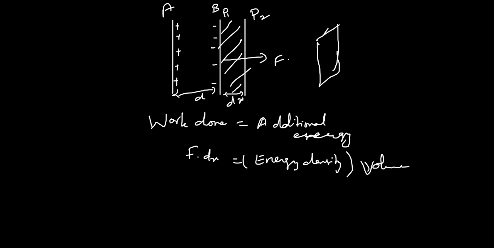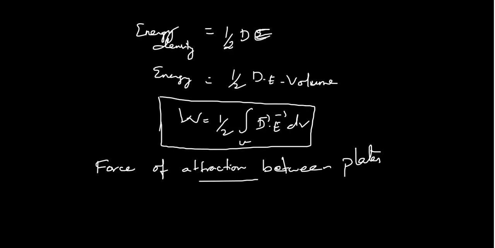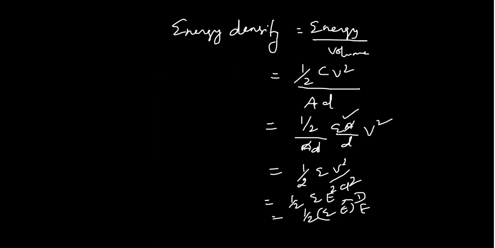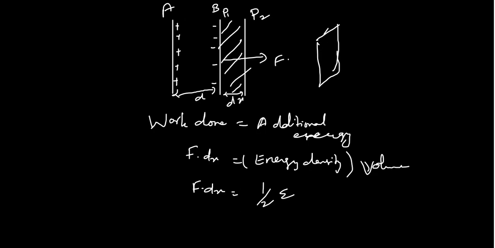Therefore we can write F dx equals 1/2 epsilon E squared into A dx.